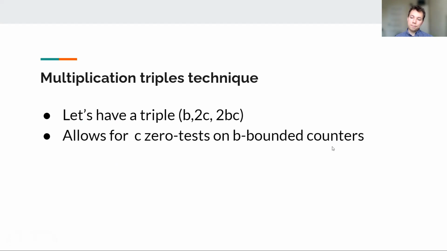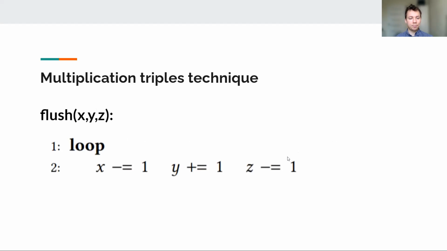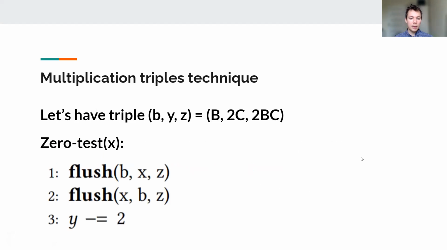So in controlling counters, we don't have boundedness on counters. Here we have to have boundedness. So let me introduce the macro flash x, y, z, and this is a simple loop which flashes the value from x to y while documenting things.